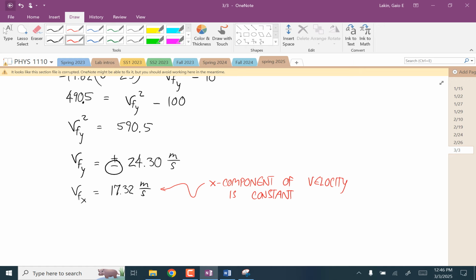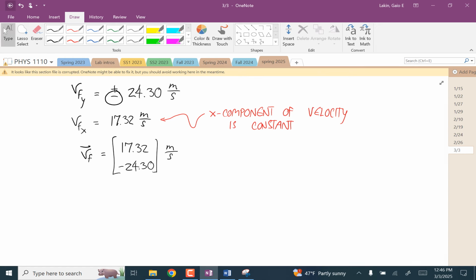Okay. And so all this together says VF as a vector is equal to 17.32, negative 24.30. So if you wanted to visualize the angle that this is moving at when it hits the ground, you could plot the point positive 17, negative 24, then make that the head of your vector and put the tail at the origin.